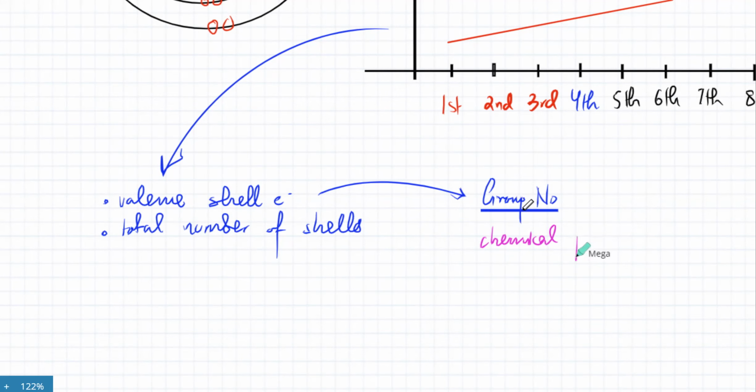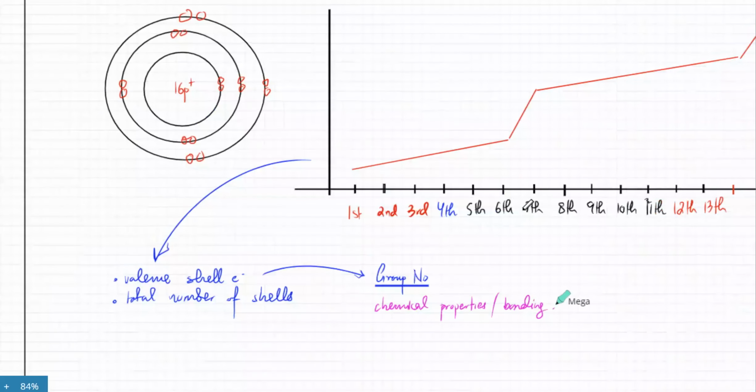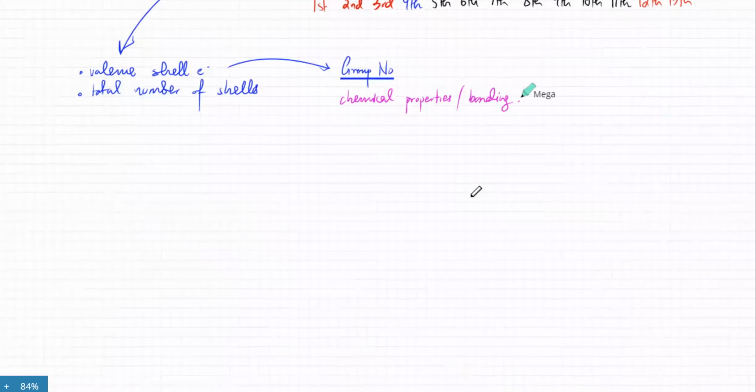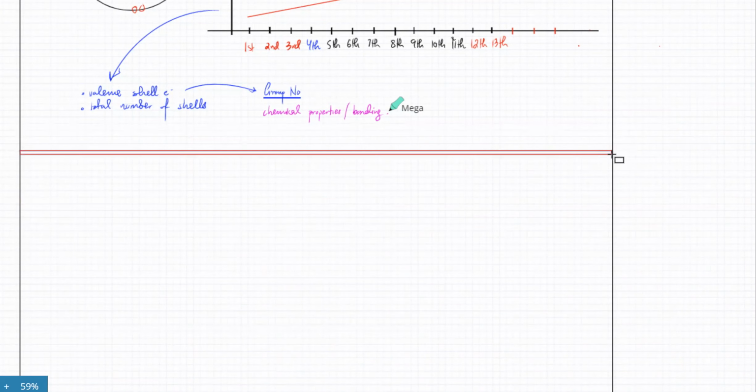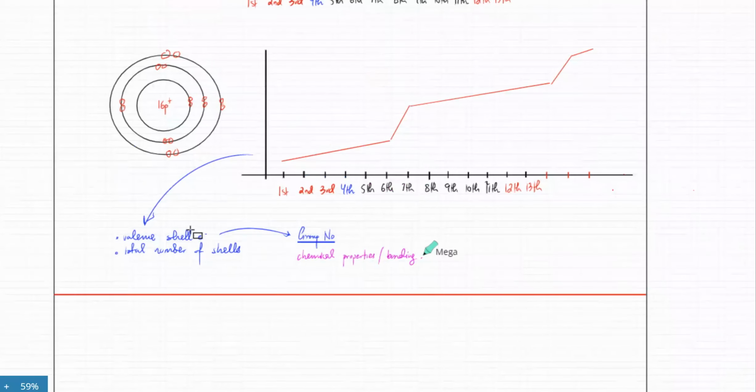So you can guess a lot about its chemical properties, its bonding, etc. So that's how you figure out what an atom would behave like, by just looking at the sketch. So we'll do that further. But remember this point, valence shell electrons or group number is the most vital information that you get from the sketch.